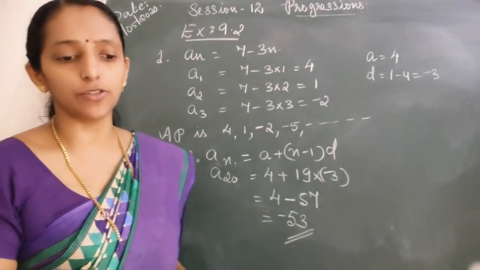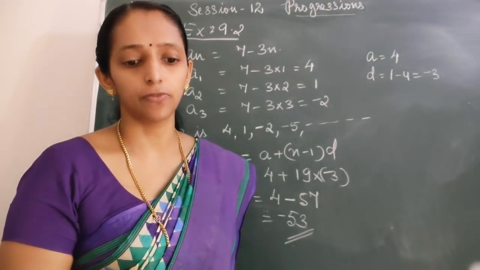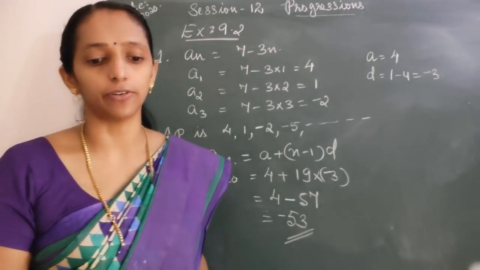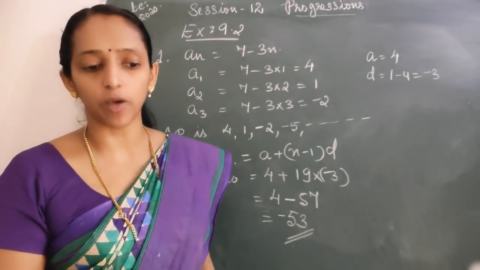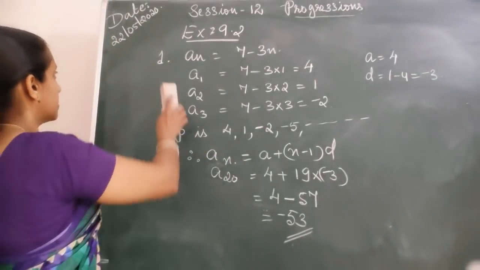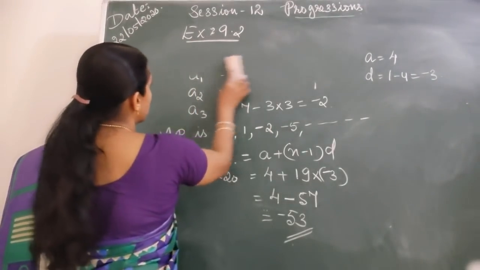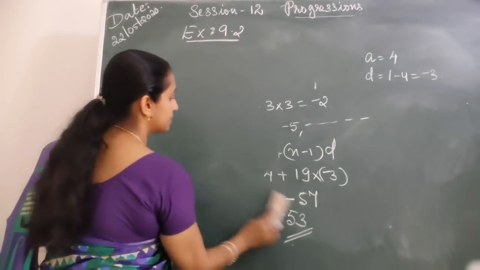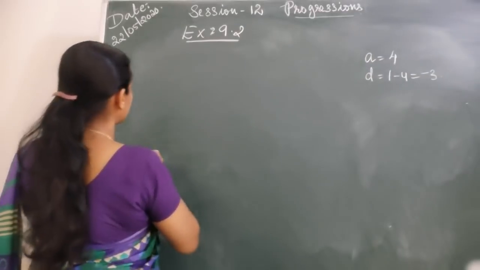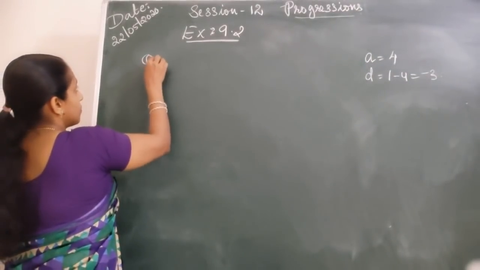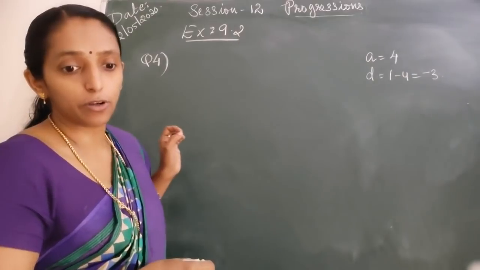Now we are moving to question number 4. If the common difference is -3 and the 18th term is -5, find the first term. What is given for common difference?